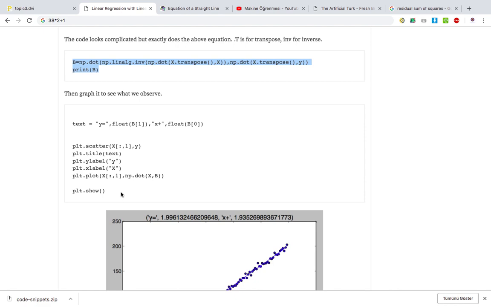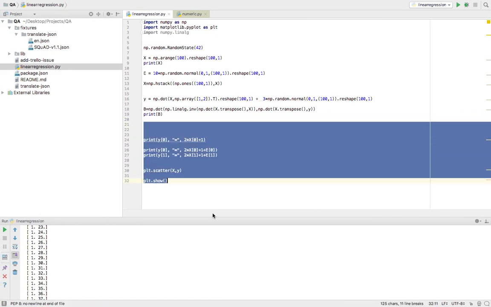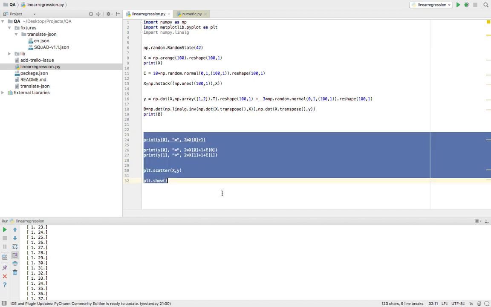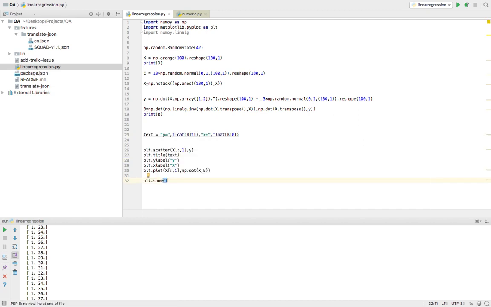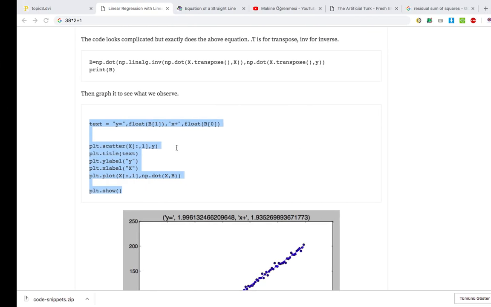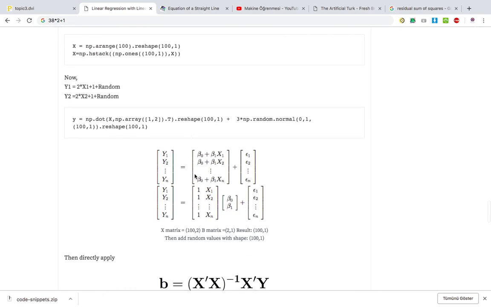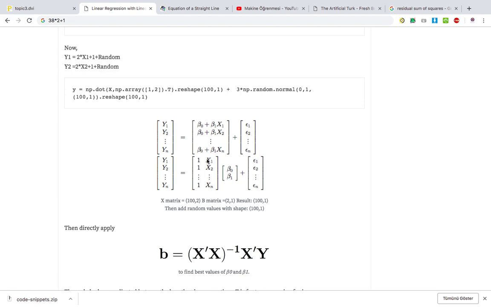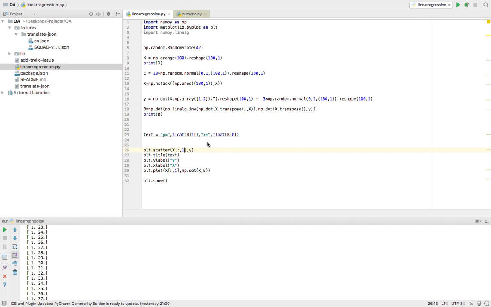So let's graph it. Also we can say that we are looking for all values of x, but for the second column. So we are graphing this, so this is why it's written like that.